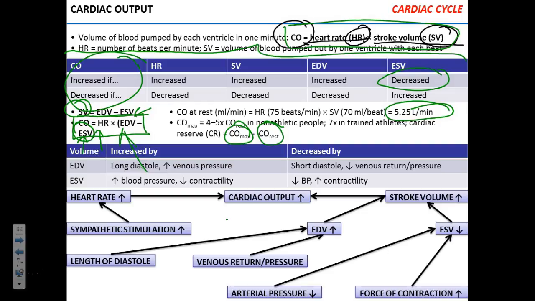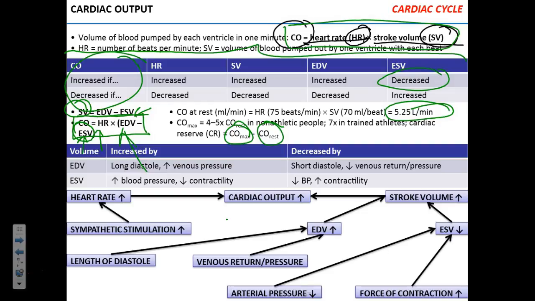Yes. So blood that goes into the heart, which vessels bring it into the heart? Generally speaking, veins, yes. So this blood that goes into the heart is called venous return. Does that make sense?